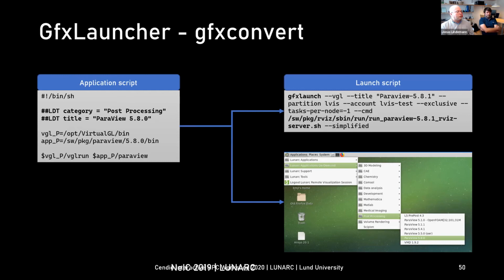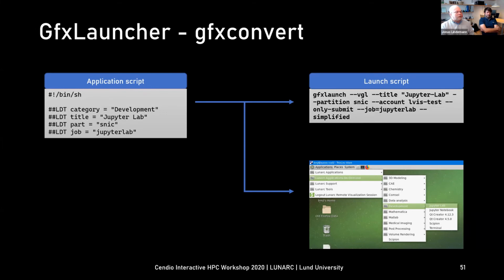It will create a menu item in the post-processing subcategory, and then ParaView will be the item in the menu to launch it. That launcher will have this script, the graphic launch command line tool script, added to the menu item. You can also specify partitions and what kind of jobs in these meta tags.